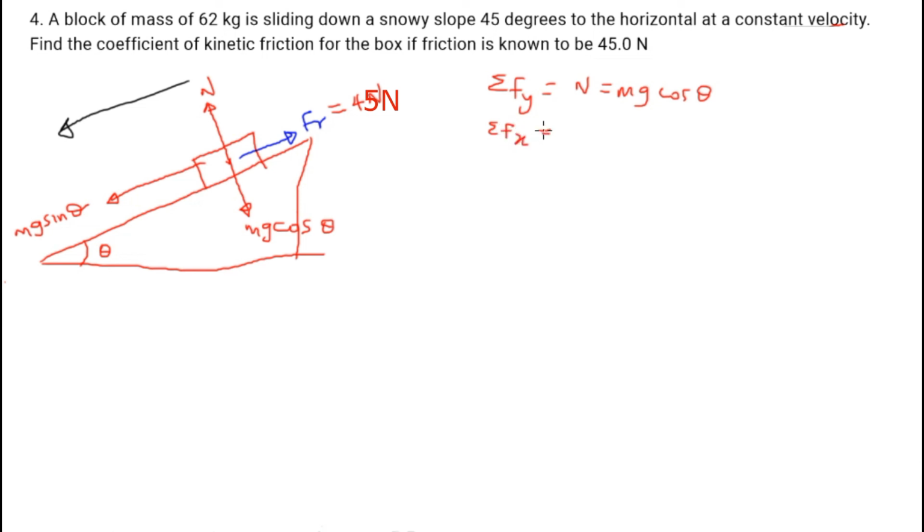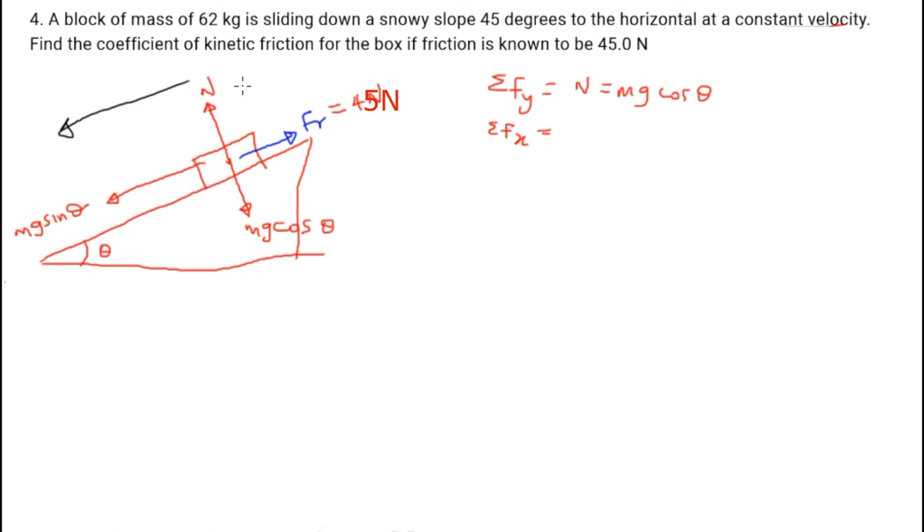And then for the x-axis component of the object, the summation Fx is also referred to as the net force along the x-axis. According to Newton's second law of motion, net force is equal to the force in the direction of acceleration minus the force that is opposing it.